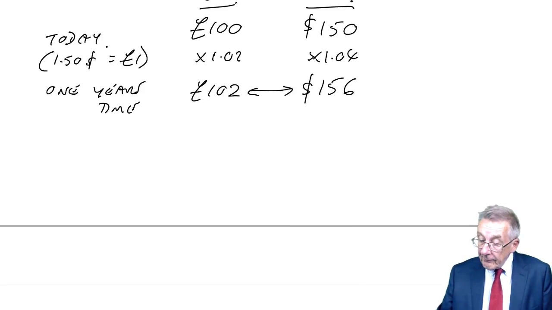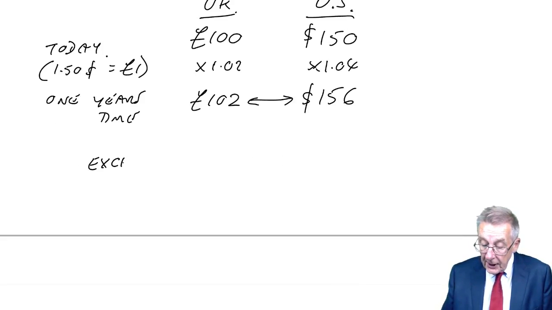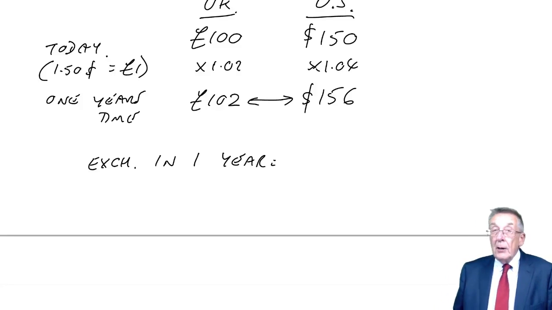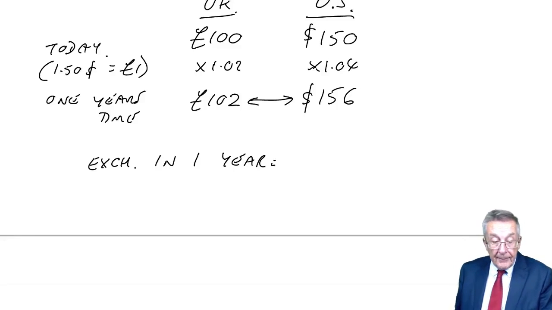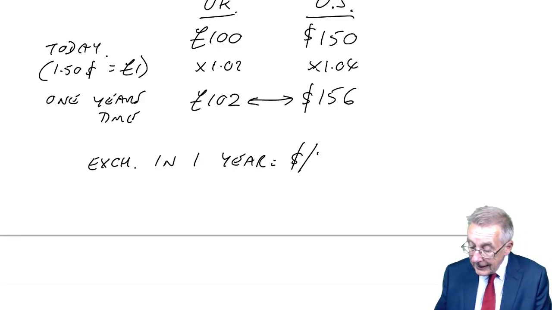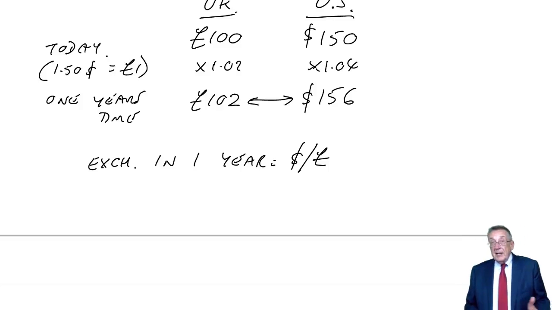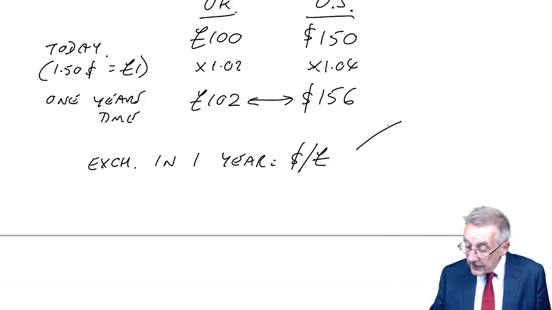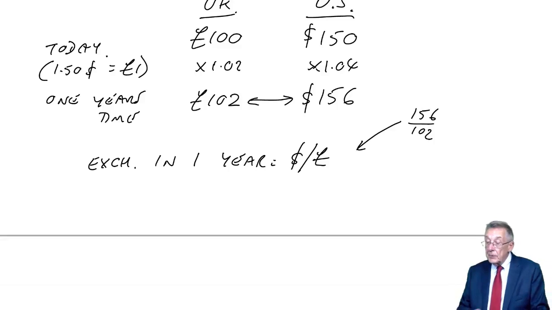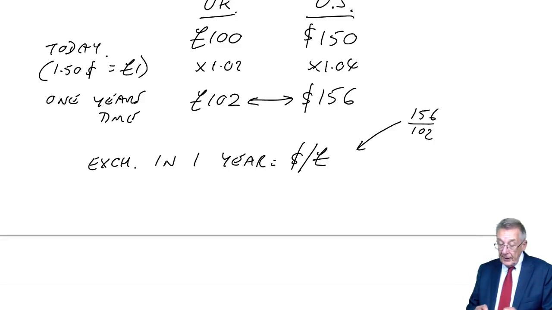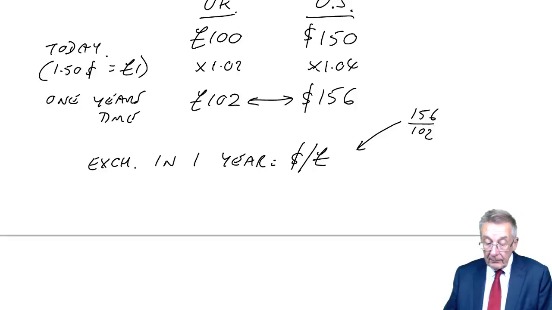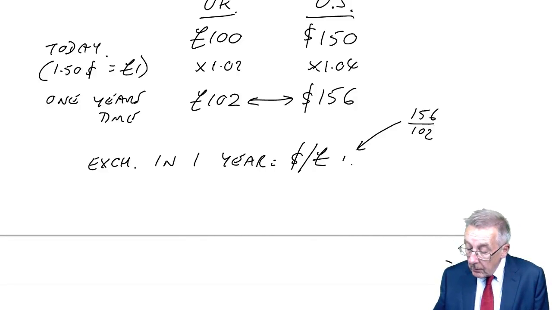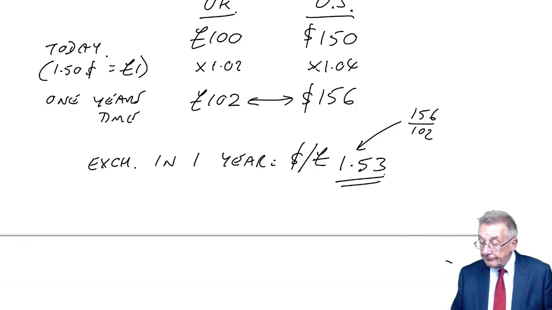And so, what would be the exchange rate in a year? Well, quoting in the same way, obviously, dollars to the pound. How many dollars will equal a pound? Well, if $156 equals £102, the dollars per pound, 156 divided by 102, it'll be 1.53.